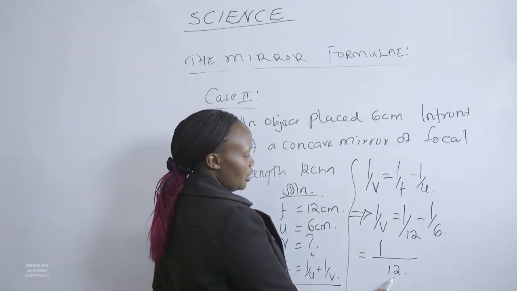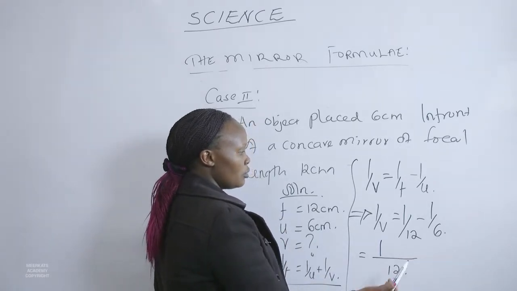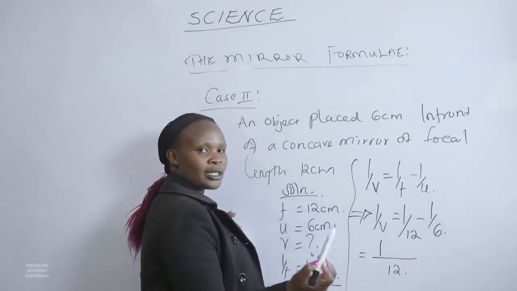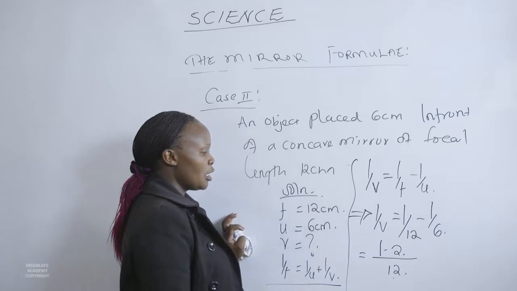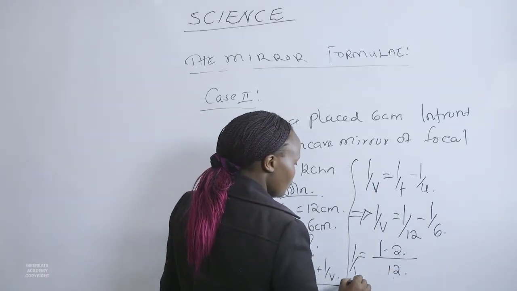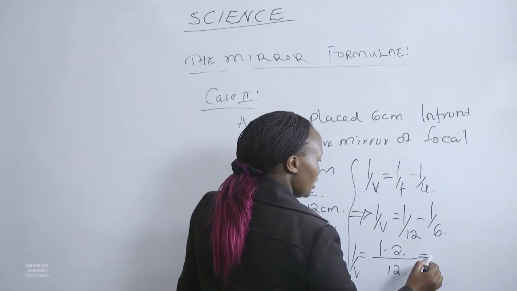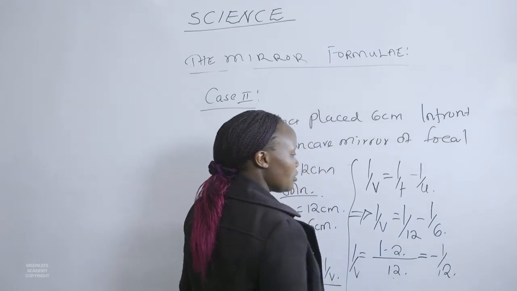Take your 12 again, divide by 6 gives you 2. 2 multiplied by 1 is again 2. So subtract: your value of 1 over V is going to be negative 1 over 12.